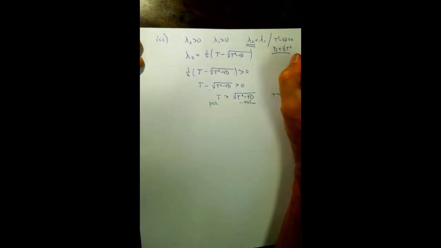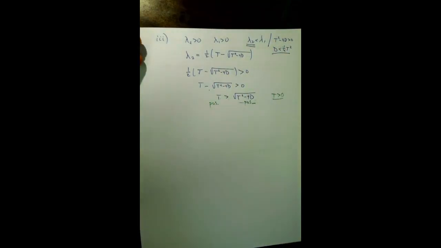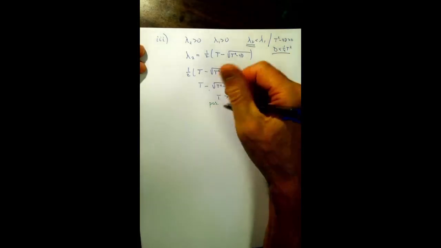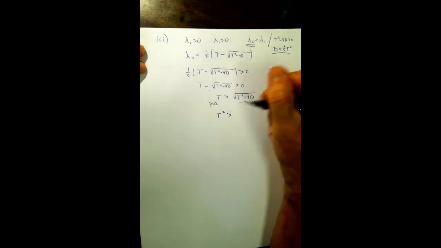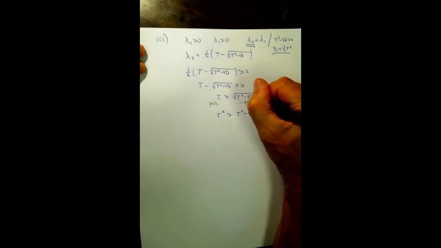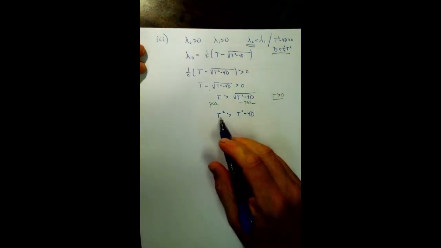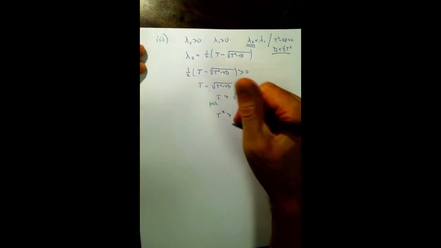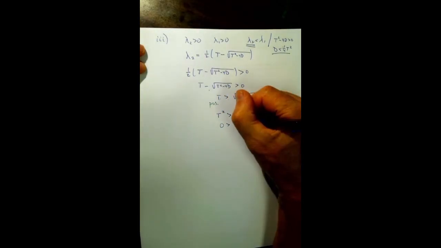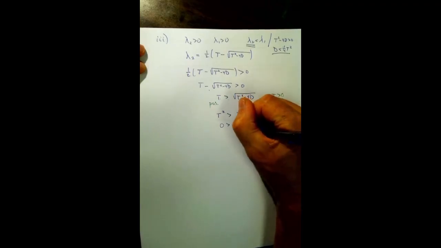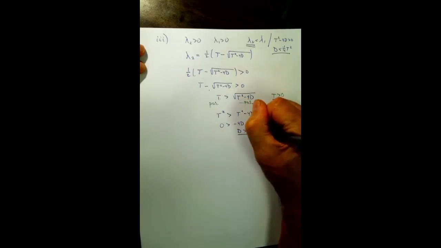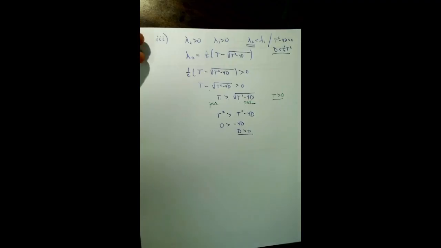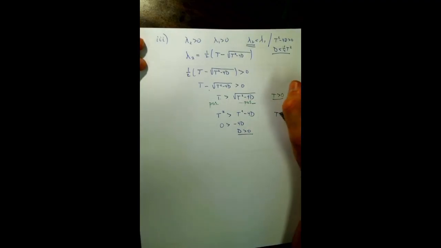So this immediately implies that t has to be greater than 0. So I can square both sides, no problem. It's not going to change anything. So now if I subtract t squared from both sides, I get 0 greater than minus 4d. So d has to be greater than 0. So what do I have? I have t greater than 0, d greater than 0, and d is less than 1/4 t squared.